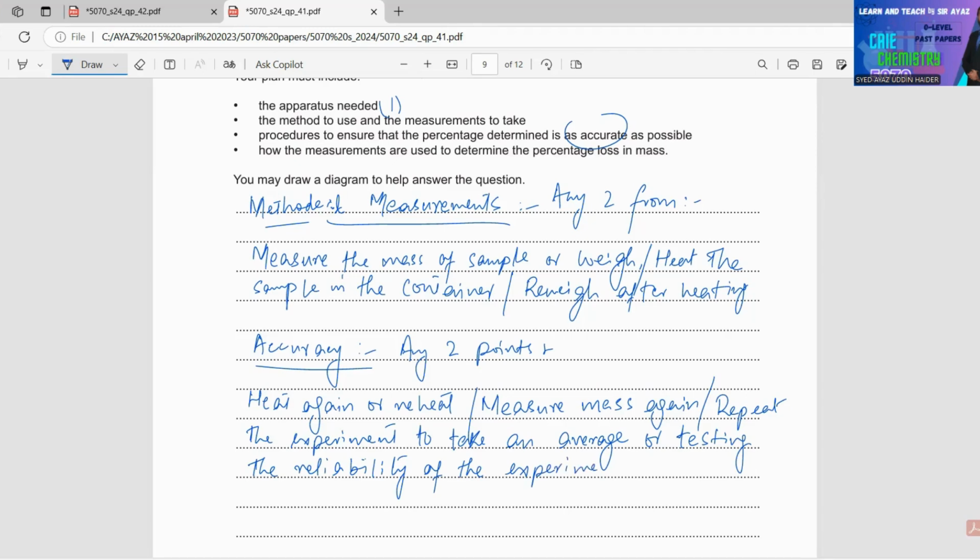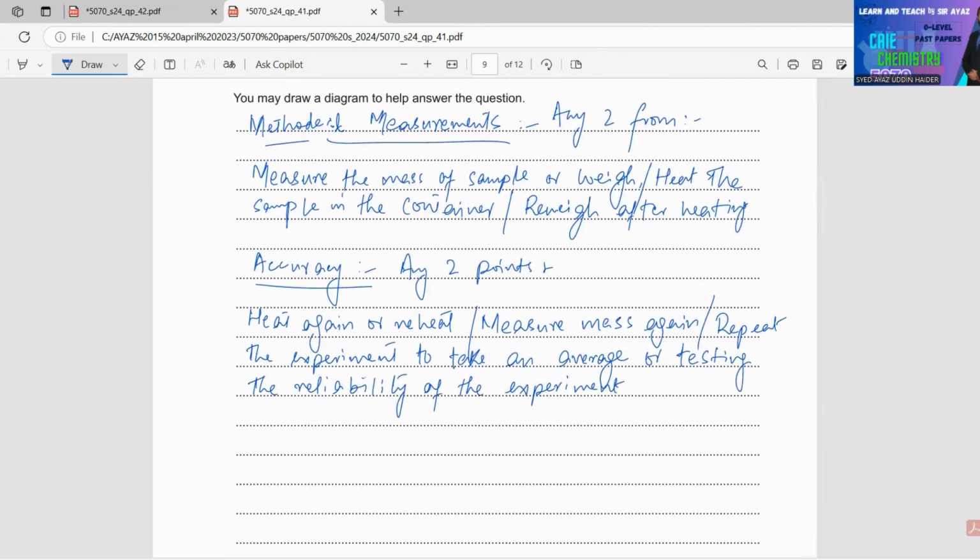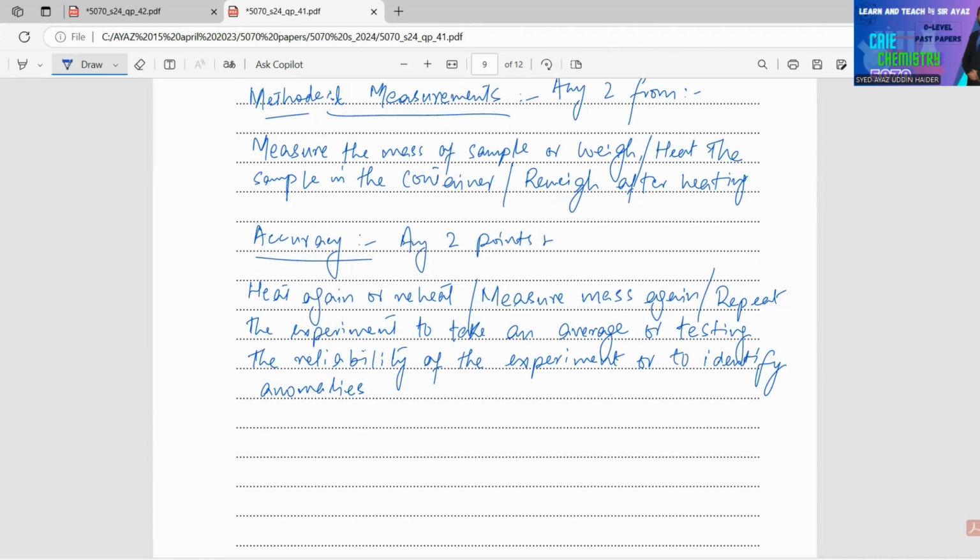You can even write, or to identify anomalies. What does it mean? Anomalies means some irregular or unexpected values in the experiment. We have to avoid this. So you have to identify this.